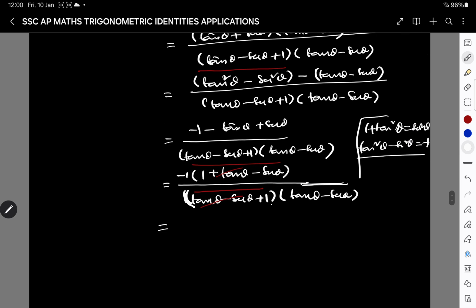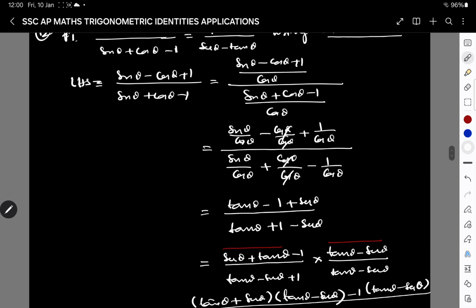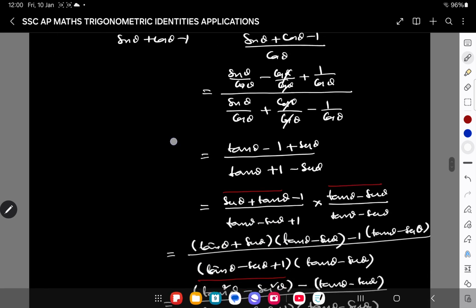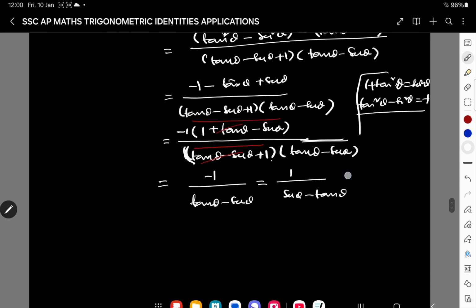This is equal to minus 1 is left here by tan theta minus secant theta. Once minus is absorbed, it is secant theta minus tan theta. This is what you have to prove: 1 by secant minus tan. Therefore, this is equal to RHS.